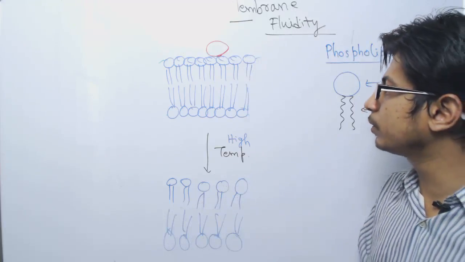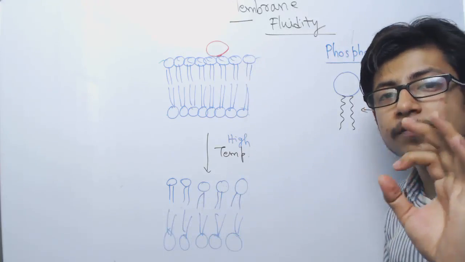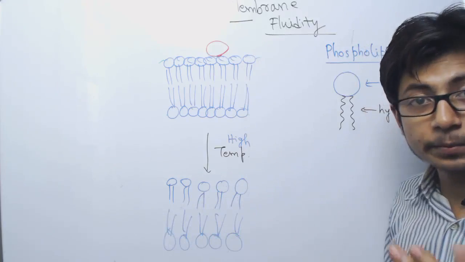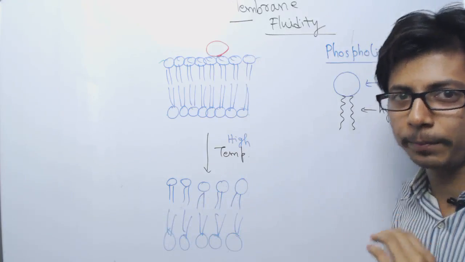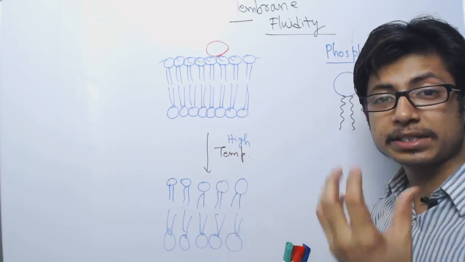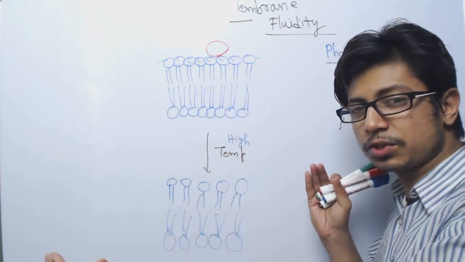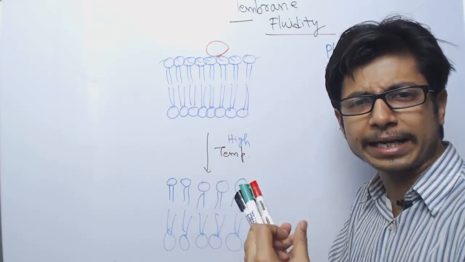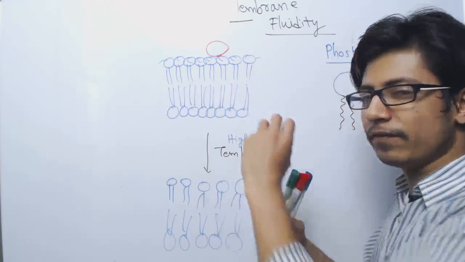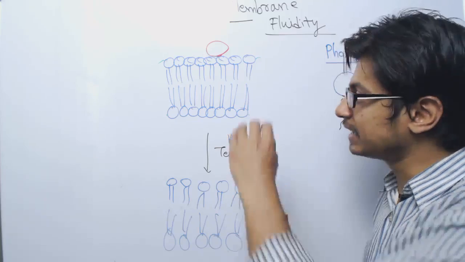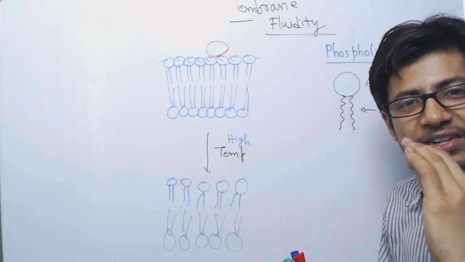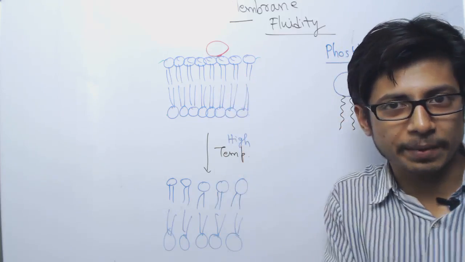The first form that we are looking at here is a very compact form, which we can achieve at very low temperatures. When the temperature goes down, all those hydrophobic regions of the lipids tend to stick to each other more compactly, more tightly, giving a very compact structure, known as the crystal structure of the cell membrane.